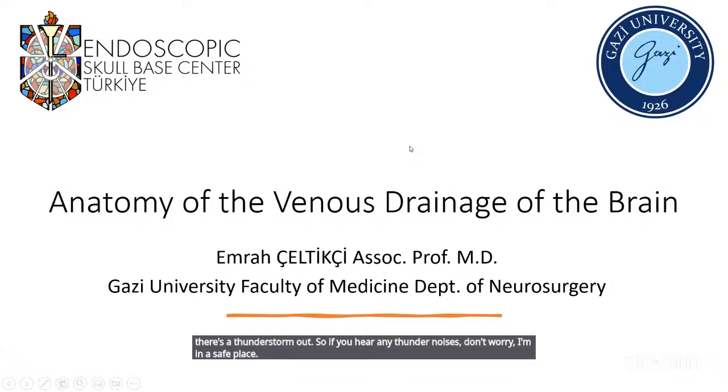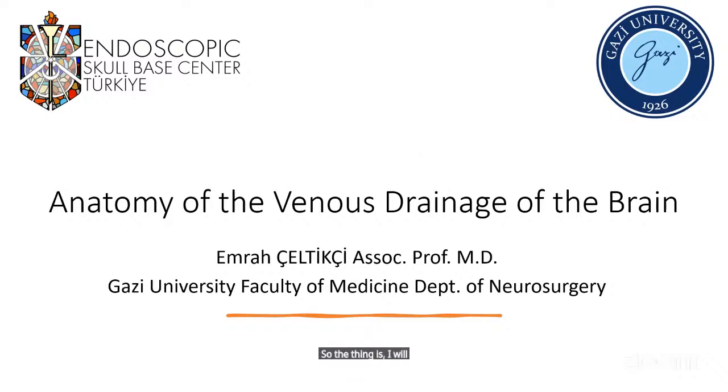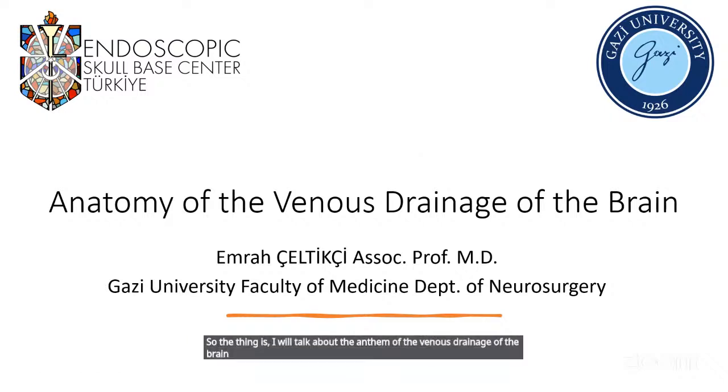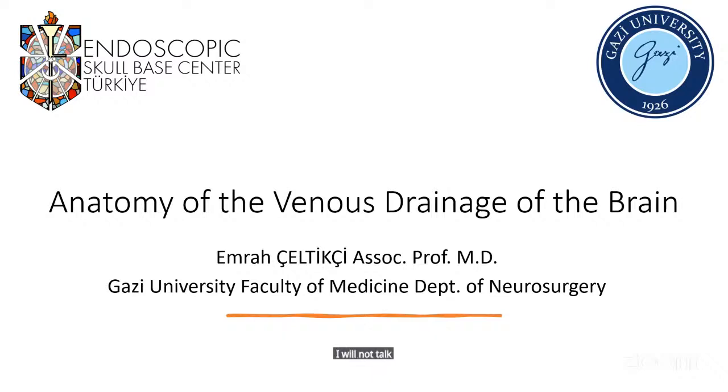So the thing is, I will talk about the anatomy of the venous drainage of the brain, and that's a long talk, and I don't like long talks. So basically, I will talk about some subjects and not about some particular parts.